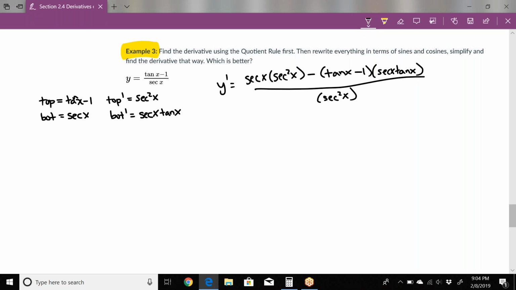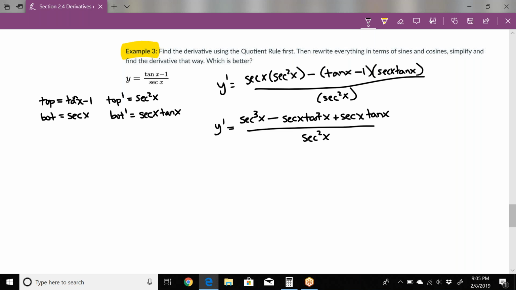So we would then work some of this out. That's going to be secant cubed x minus, now we'll need to distribute here, so that's going to be secant x tan squared x. This is minus times minus, and then it's times this, so it's going to be positive secant x tan x, all over secant squared x.